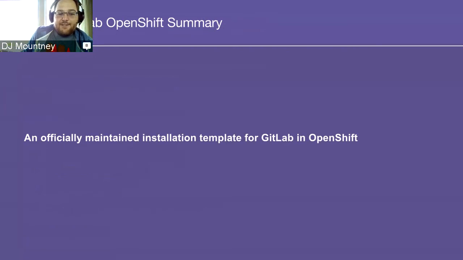But the fact that we have this officially maintained template for GitLab, which users who are already making their own templates and deploying in OpenShift, customers who manage their own clusters, can use, and it will be officially supported. And we will be doing officially supported updates to the product, making sure migrations run and all that before we release. So something that they no longer have to worry as much about is still something that's compelling.